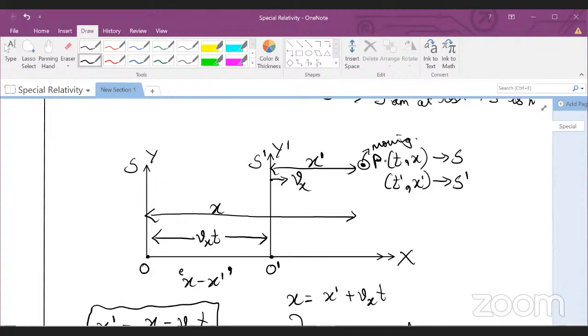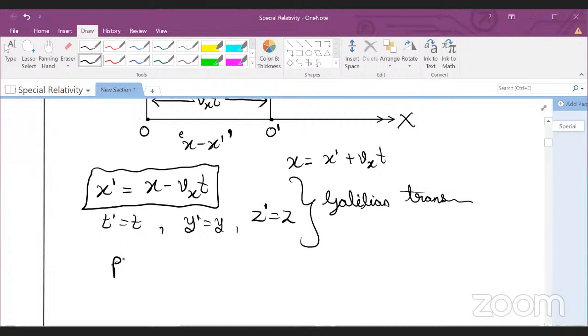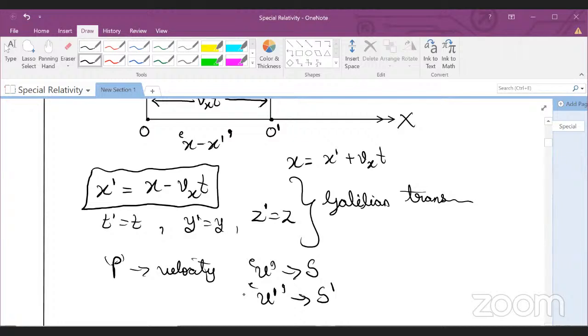S dash will measure the velocity to be u dash. So the particle P has velocity u according to the S frame, and u dash according to the S dash frame. How do we relate these two, u and u dash? It's fairly simple. Just differentiate this equation.